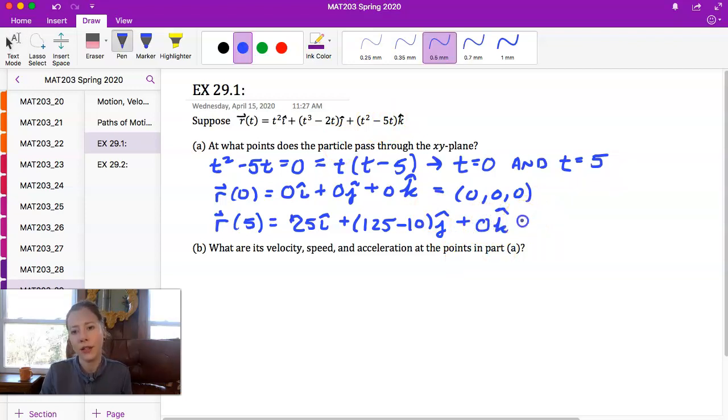So it also passes through the xy plane at 25, 115, 0. Those are the 2 points.